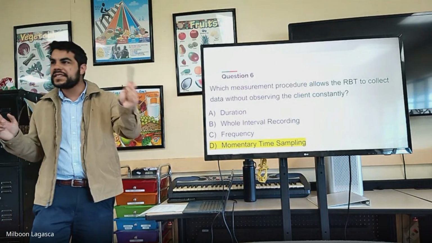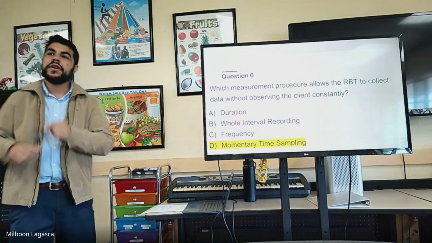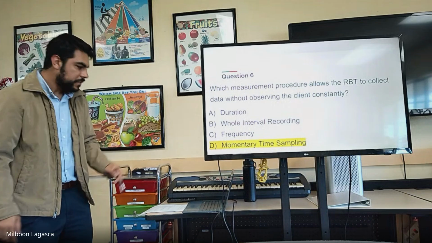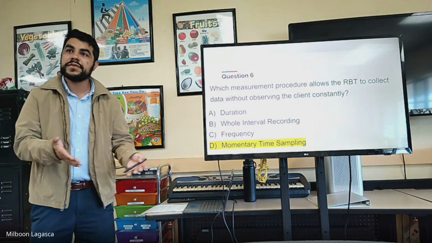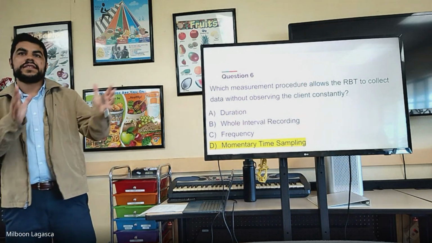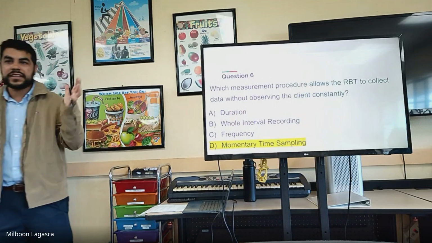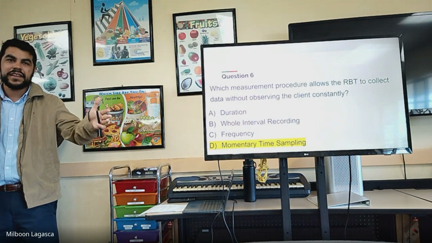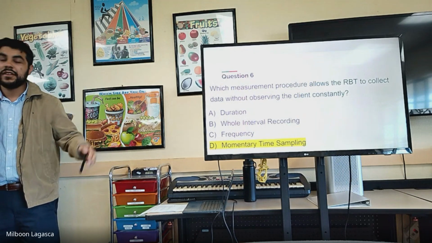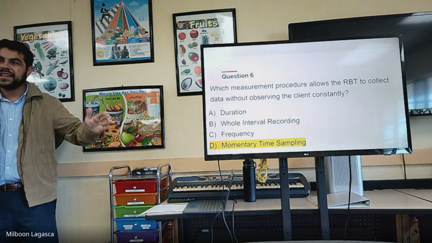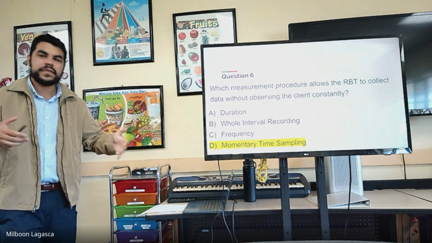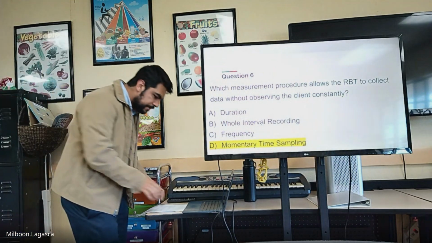So if even at 1 second the behavior doesn't happen, we will mark that as a non-occurrence. Momentary time sampling, you really only have to come in at the very end of that interval. So if it's 10 seconds, you only have to look at them for that last 1 second to know that the behavior occurred. You can ignore them for the other 9, and then come back at the end and see if it's occurred or not.